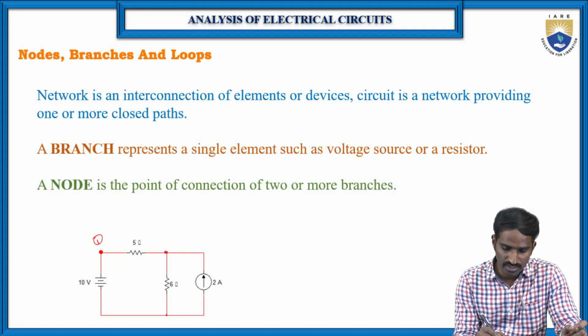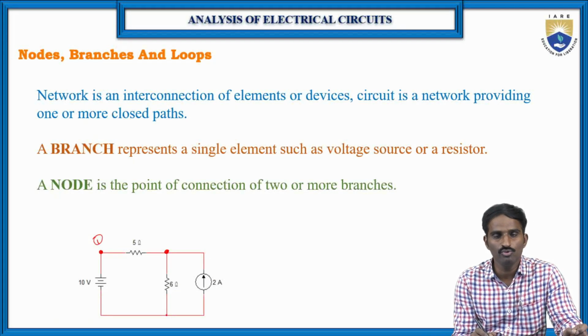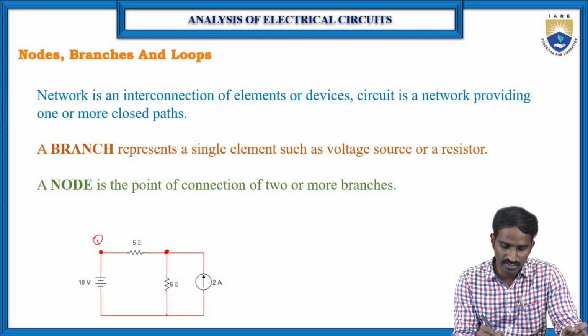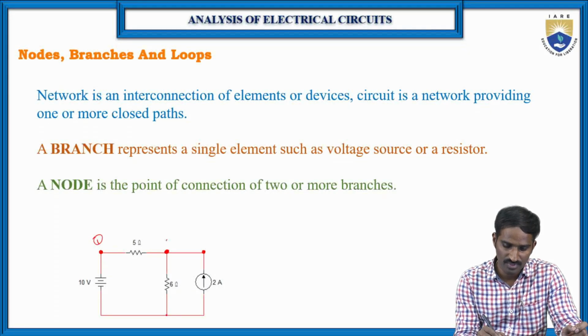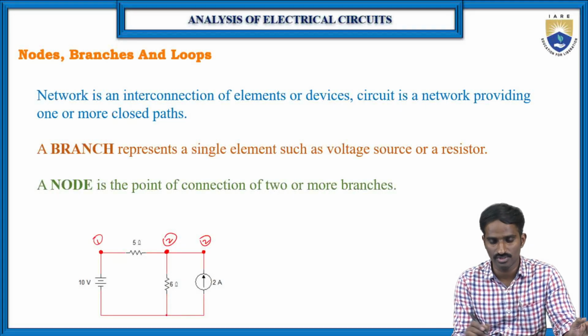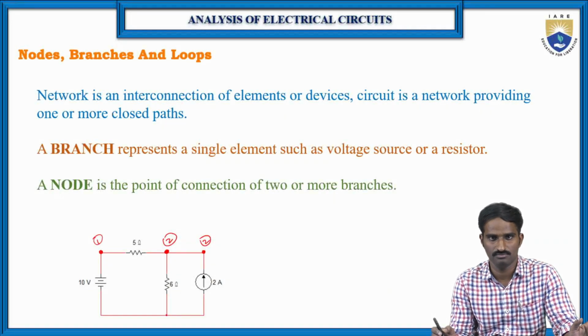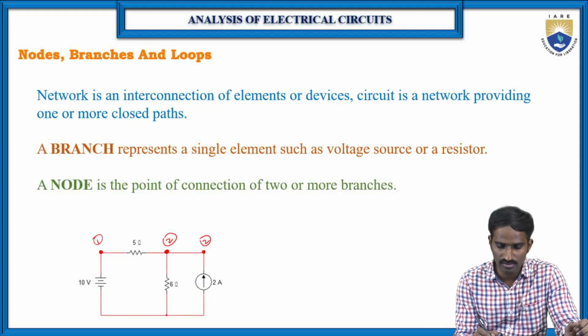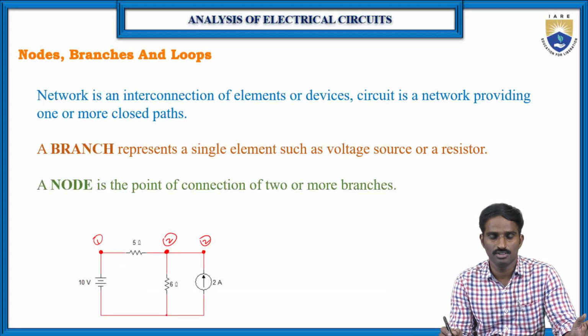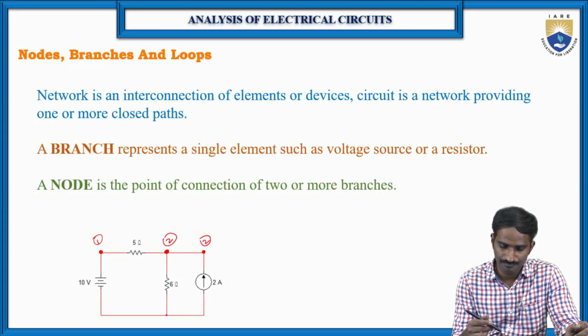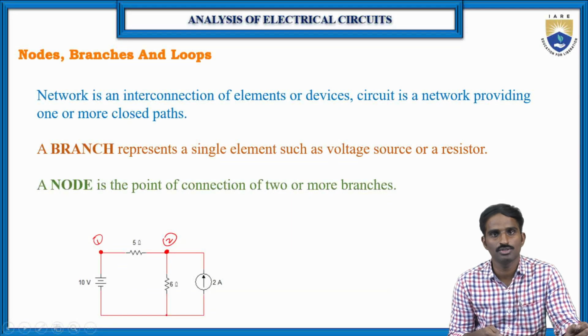And again here, as you can see, the 5 ohms branch, the 6 ohms branch and the 2 amperes branch, these 3 are connected at this particular point. This point and this point represent the same node. Let us consider this is node 2, because between these 2 points there is no element, so we cannot say this is also a branch. From here to here is a branch. So this is node 2.